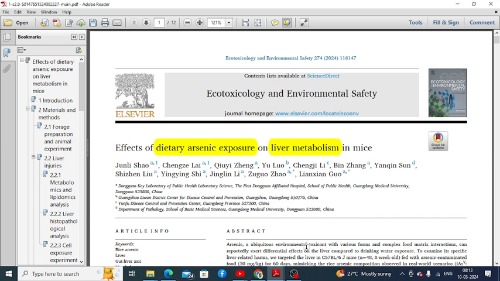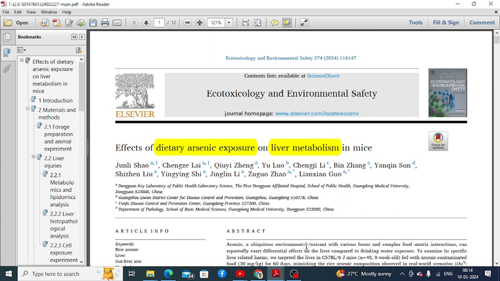Probably there could be studies, but those studies are not on dietary arsenic exposure; they could be on some other sources of arsenic exposure on liver metabolism or something else in biological systems. So that we could expect.